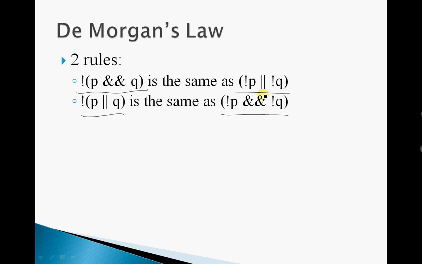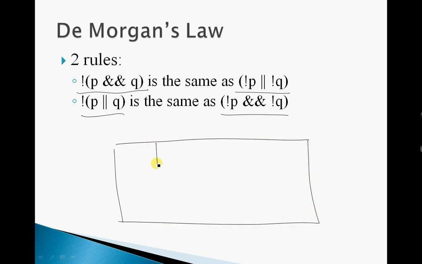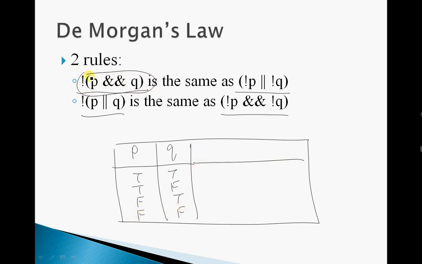Now, to verify this for yourself, you can just simply draw a truth table, correct? You're dealing with only two variables, P and Q, so it's not too bad. Because there are only four cases: true, true, true, false, false, true, and false, false. And you can try to evaluate this, not (P and Q). If you find this difficult to evaluate, you can do it in two steps.